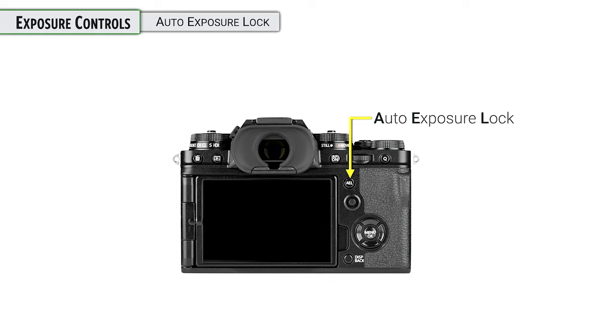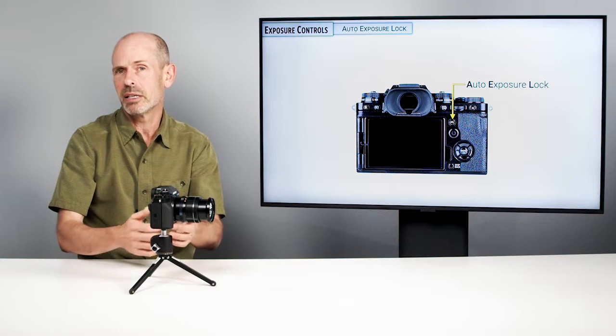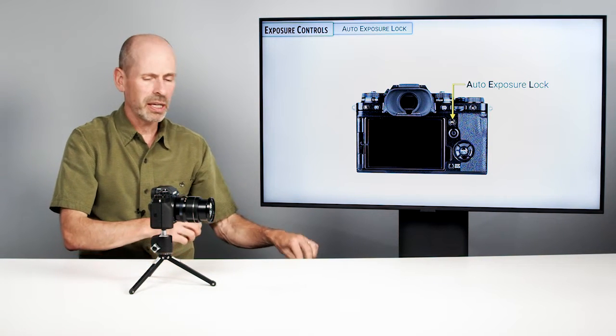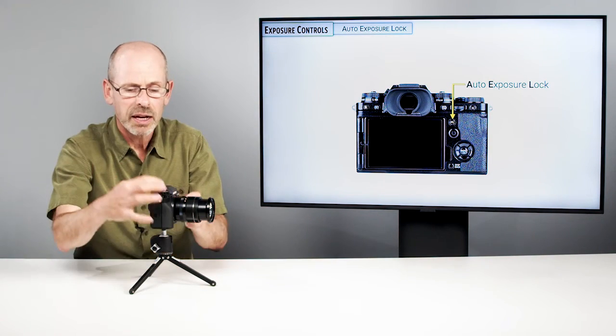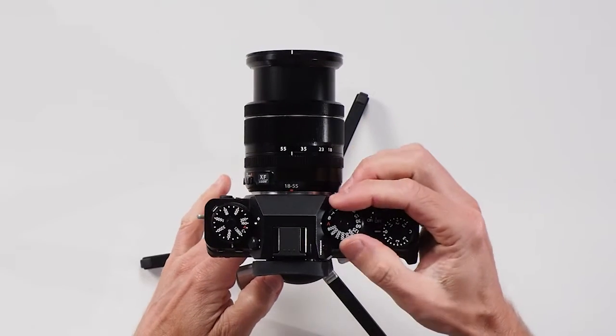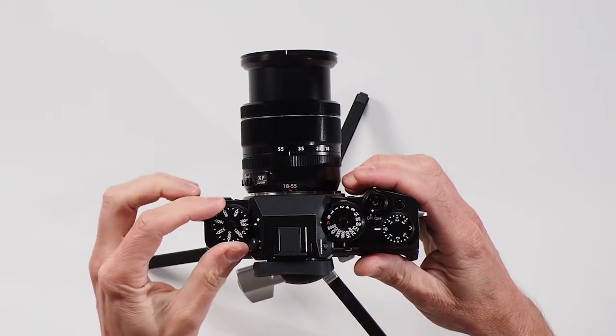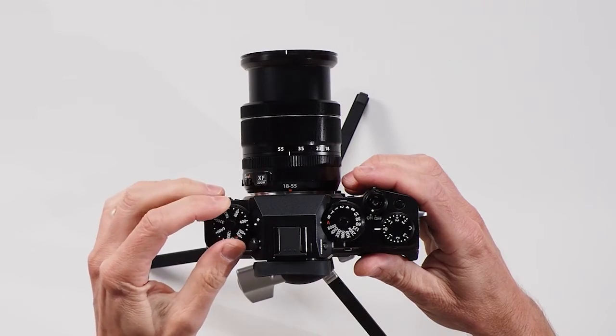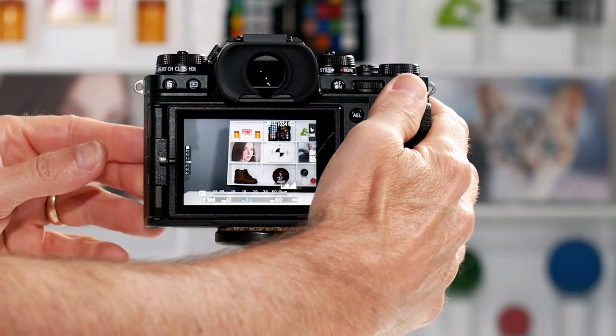Another little tool we have is called Auto Exposure Lock. And so there is a button on the back of the camera called AEL. And this works when you are in an automated exposure mode. So let's go ahead and put this camera, I'm going to put it into automatic shutter speeds right now. And so I do have my shutter speed on A. I'm going to bump the ISO up to 400 here because we got a little bit lower light here in the studio.